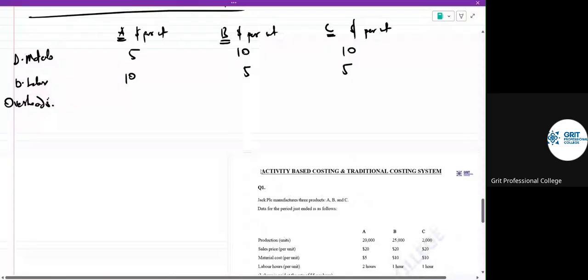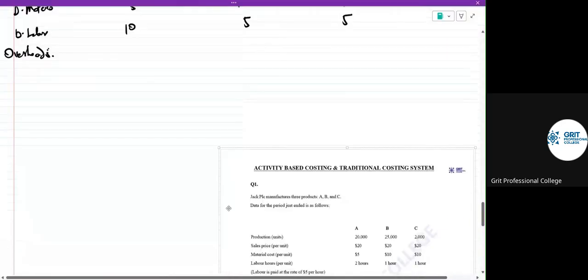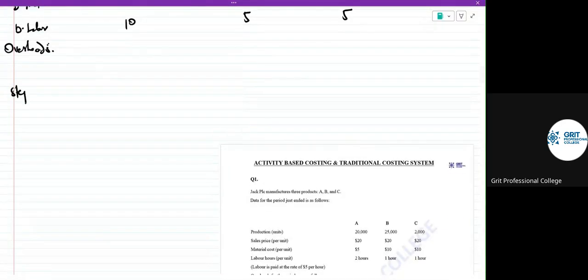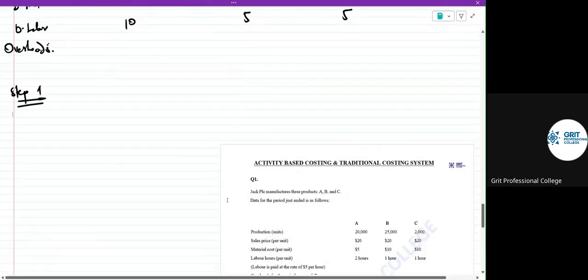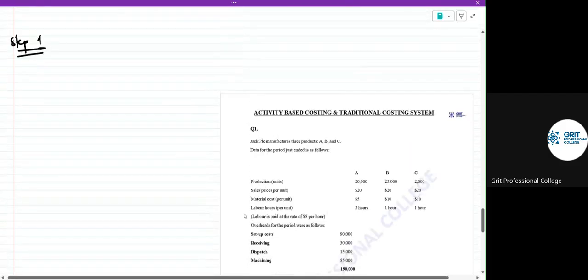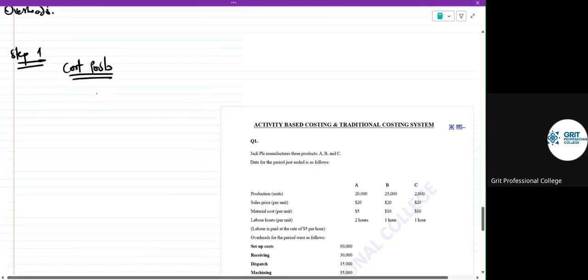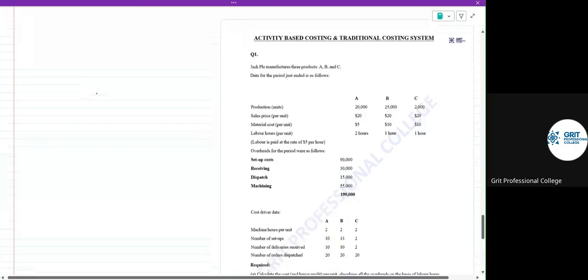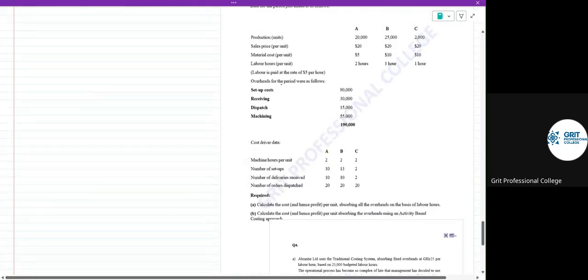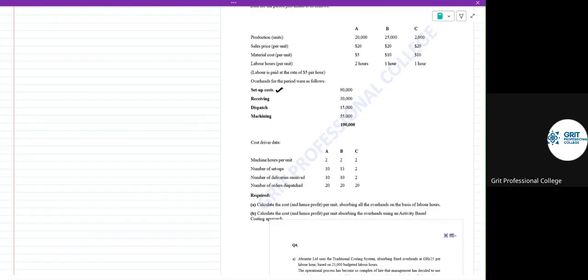Very crucial. So step 1 under ABC will be to identify the cost pools. Go through the question and ask yourself, what are the cost pools given to you? If you can't determine it, it means you can't solve the question. Under ABC, the cost pools will basically be the various activities or the gathering points where we can allocate all the overheads.